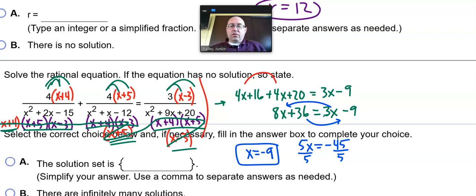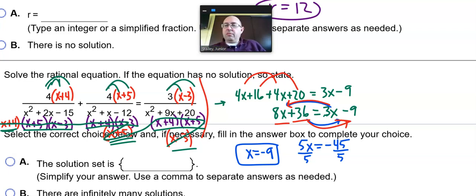The 4x and 4x is 8x. 16 and 20 adds up to 36. And then you can move things to the other side. So 3x gets moved to this side, minus 36 gets moved to the other side. We ended up with 5x equals negative 45. And then you can divide by 5 and get negative 9.